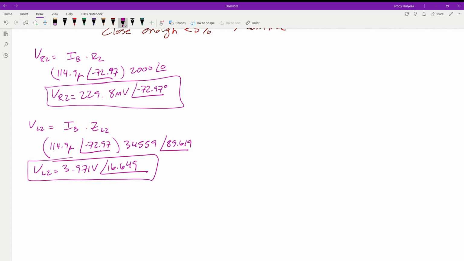Now, after we're done with those, if we wanted to, we could double check these values using Kirchhoff's voltage law, sorry, not current law, the voltage law, to where the voltage drop across branch B is equal to VR2 plus VL2.